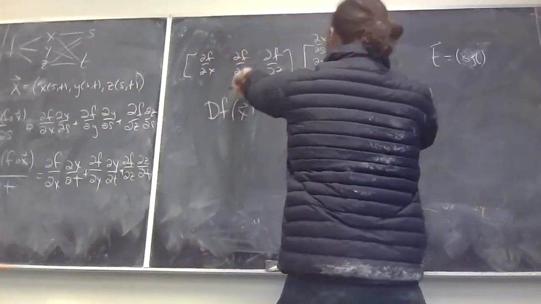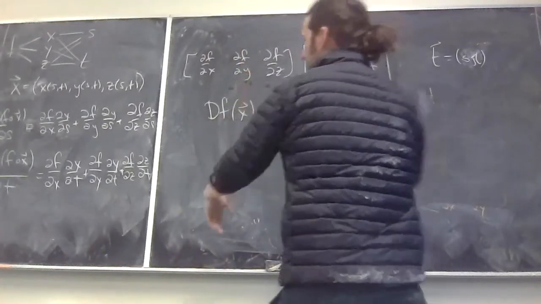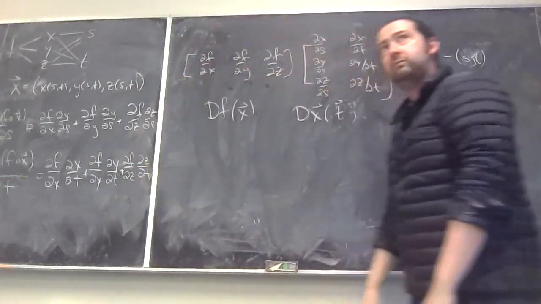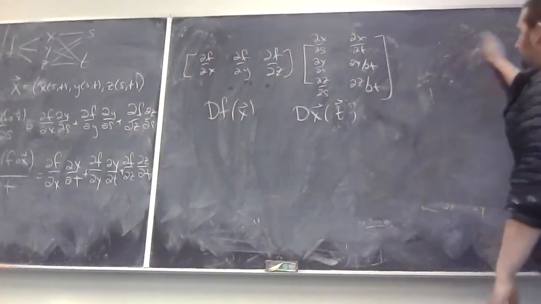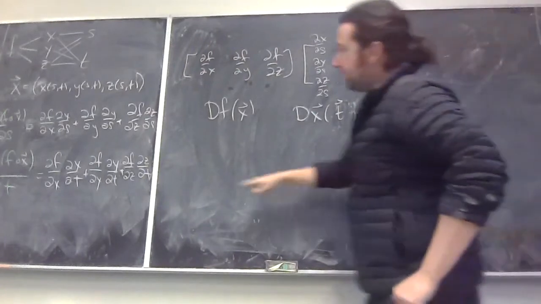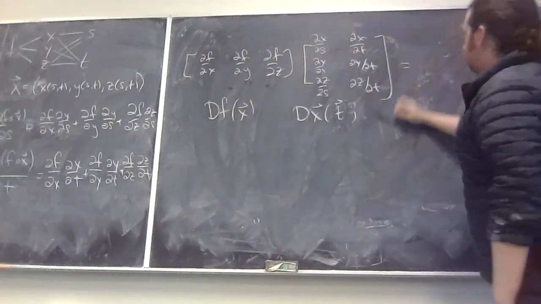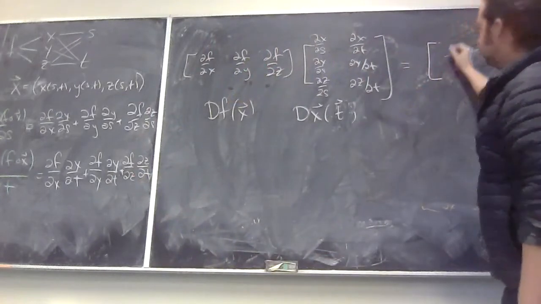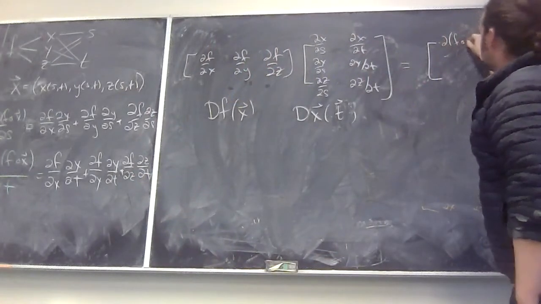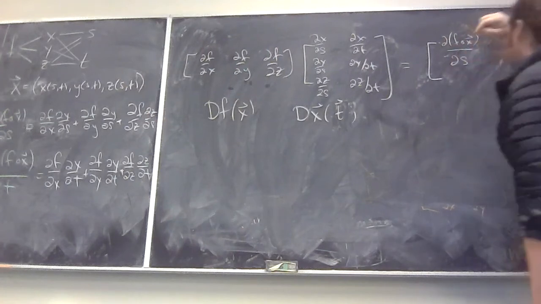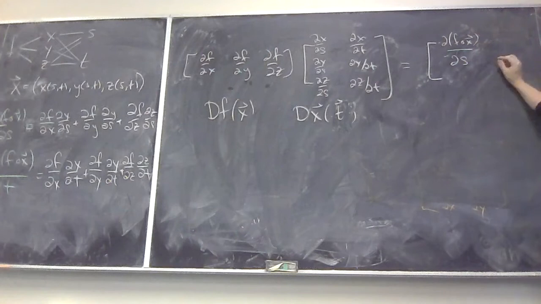This matrix times this one gets you this as one row, and this is a second row. If you multiply those out, what you get is this in the first row and that in the second row. But we want these to be equal to this guy. Okay, now what's the next thing I need to do here?